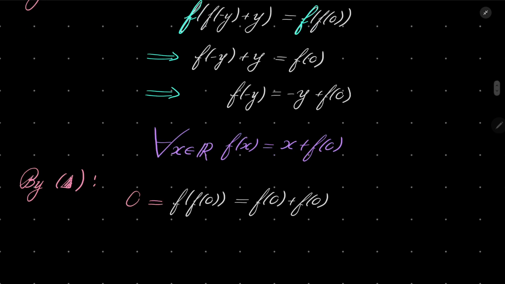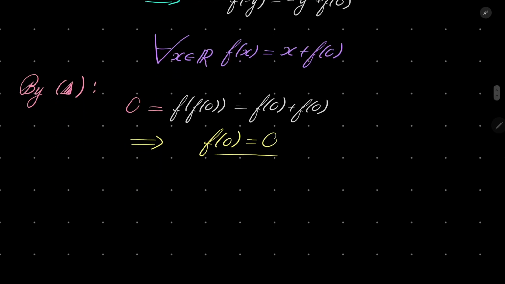So f of 0 needs to be 0. Perfect. So in other words, for every real number x, f of x equals just x.